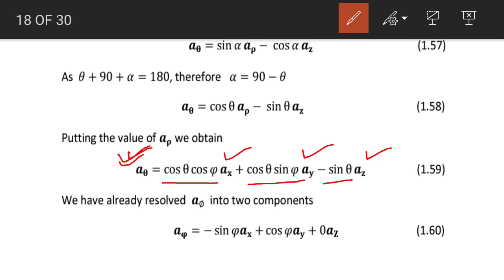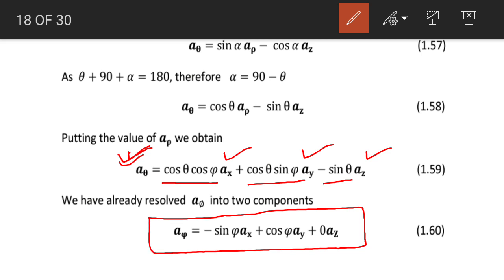You can find the scalar product of these unit vectors from equation number 59. And we have already resolved the unit vector a phi into two components in the cylindrical coordinate system.